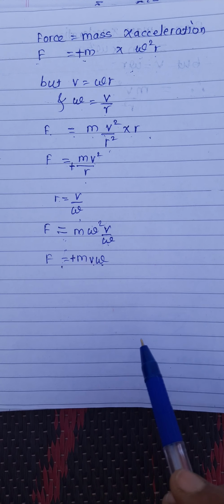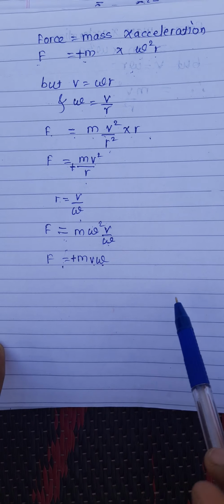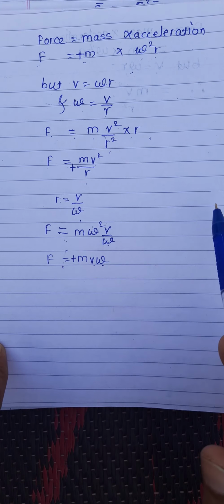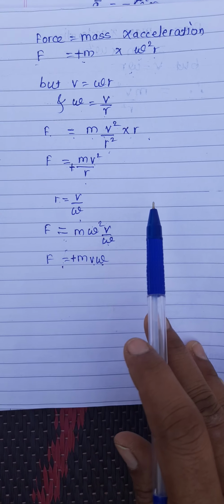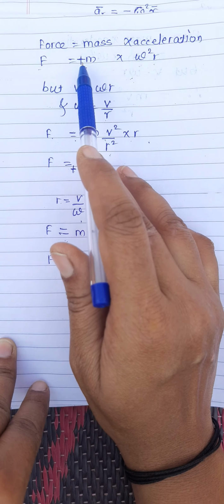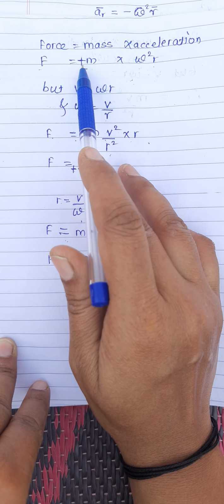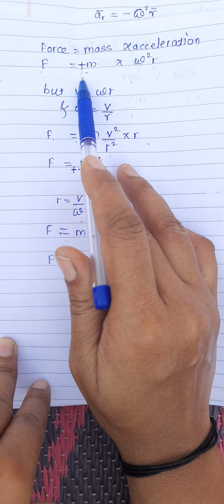The magnitude of centrifugal force can be written in the same way according to Newton's second law of motion. Force is equal to mass into acceleration. But the major difference is that centripetal force is represented by a negative sign and centrifugal force is represented by a positive sign.